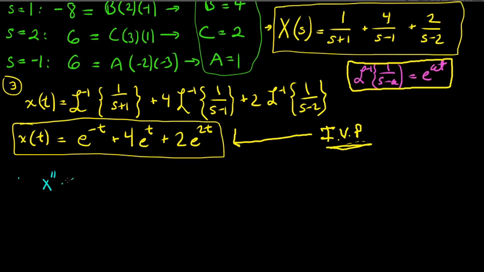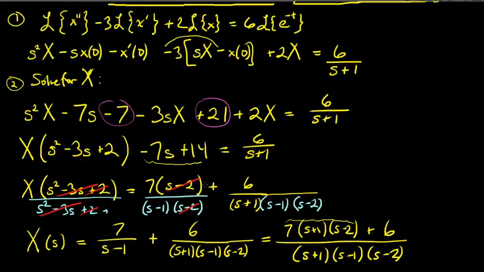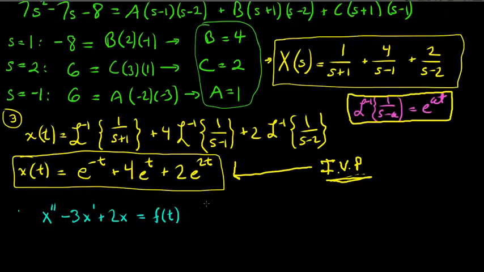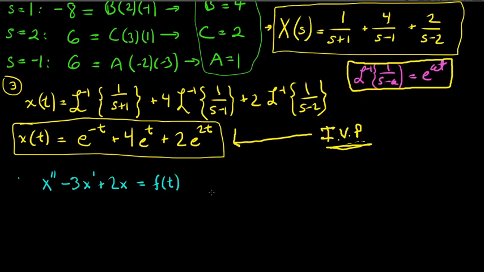So let's say we had the same problem here, x, but instead of, was it 6 e to the negative t? 6 e to the negative t. Instead of that being the forcing function, suppose it's something a little more complicated or a little more weird.